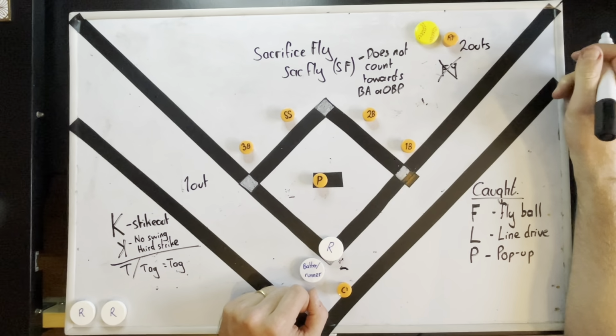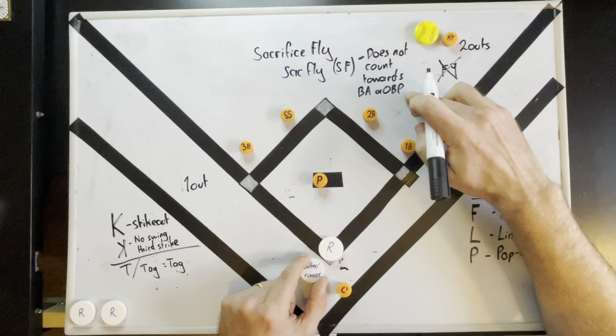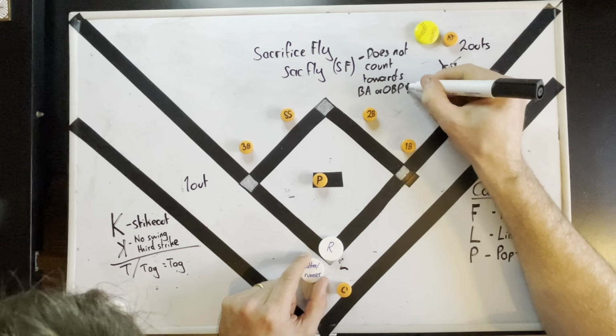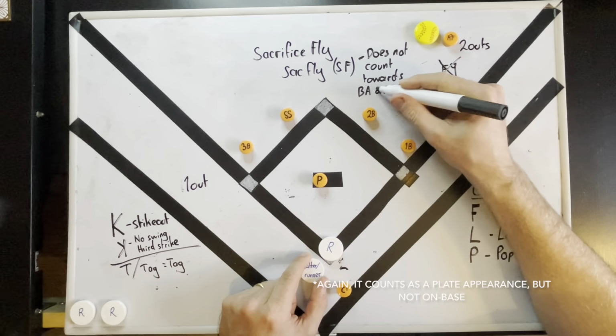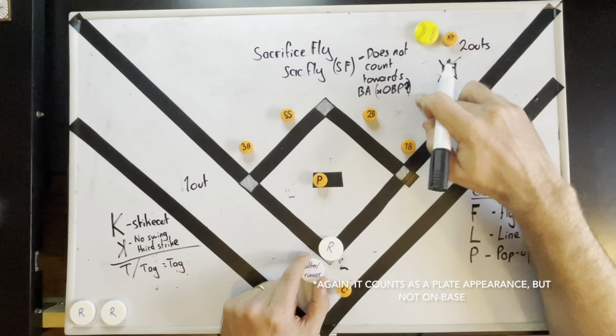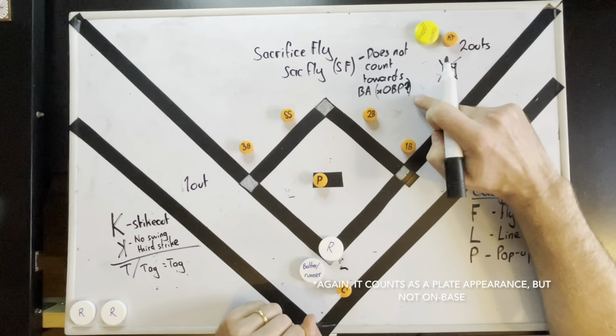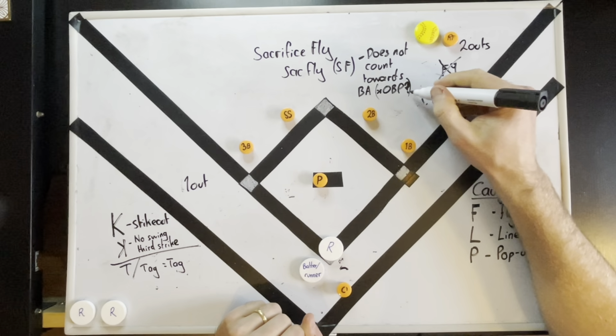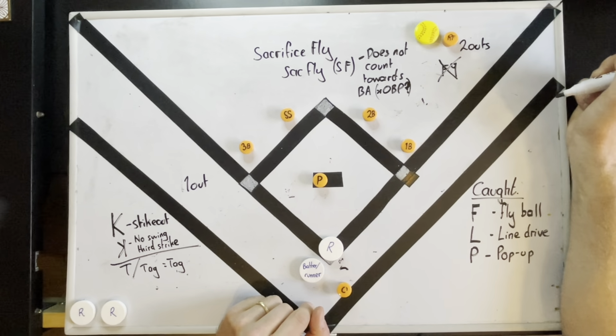Doesn't count towards anything. Or does it count towards your on-base percentage? Again, I'm going to put a question mark there. Just how I think it might do. But again, I will get back to you in the comments, okay? There'll be some statistician out there who knows the answer, but I don't want to give you the wrong results.